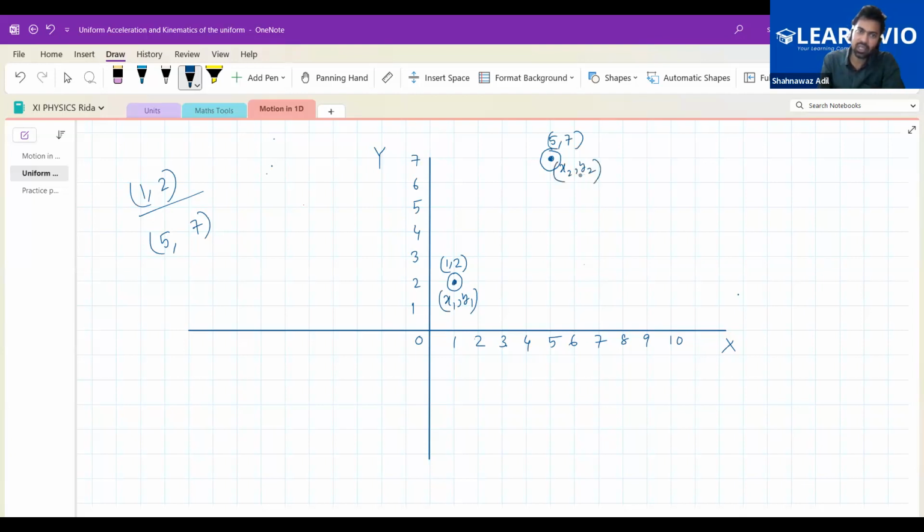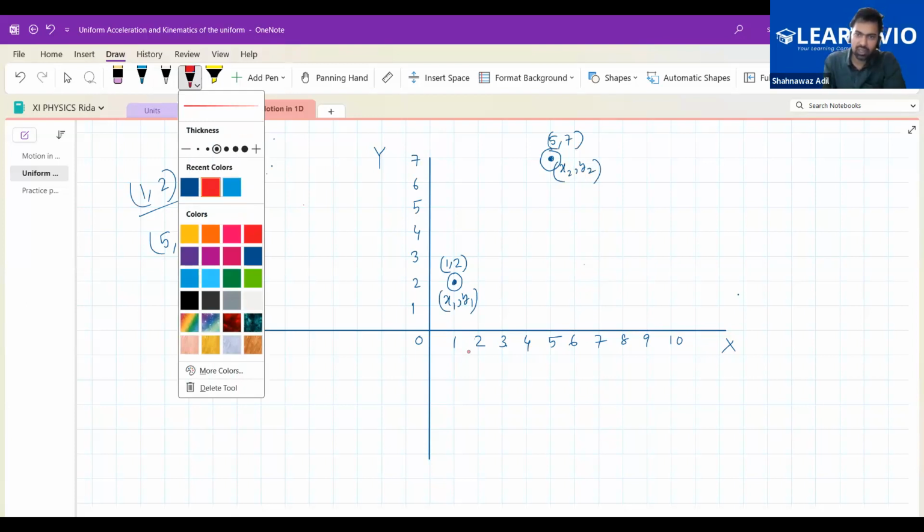So what is x2? So x2 is this distance, right?